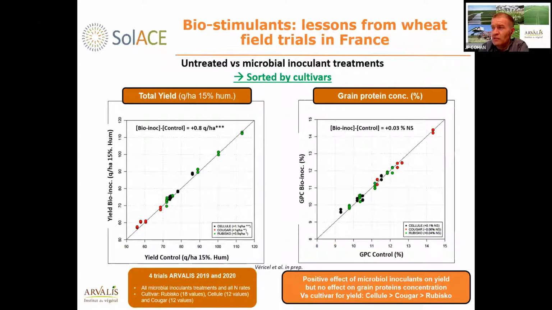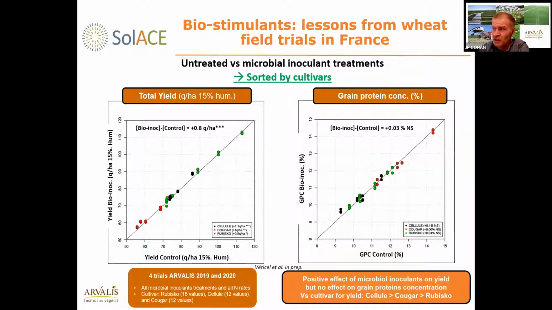And as you can see, we made some basic statistics to see if we could show some significant effect. And the last information to keep in mind is that we present the results sorted by the treatment.